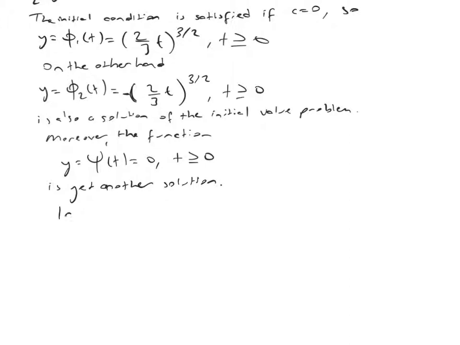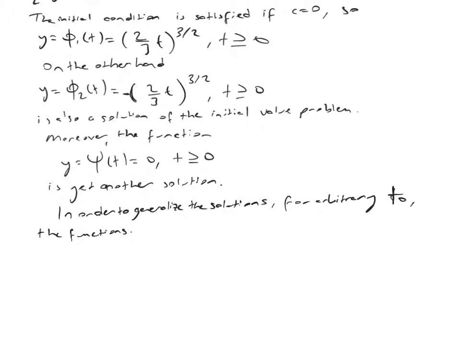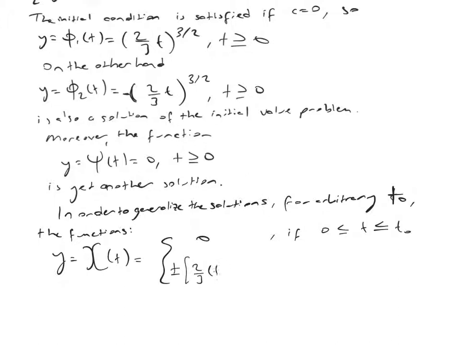In order to generalize the solutions, for arbitrary t sub 0, the functions y is equal to, let's say, chi of t is equal to 0 if 0 is equal or smaller than t and t is equal or smaller than t sub 0, and plus or minus 2 over 3 times t minus t sub 0, to the 3 over 2, if t is equal or bigger than t sub 0.